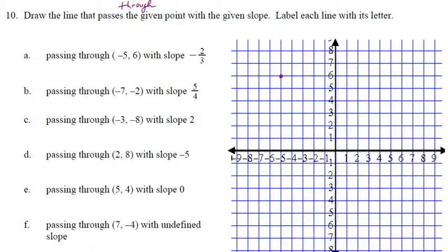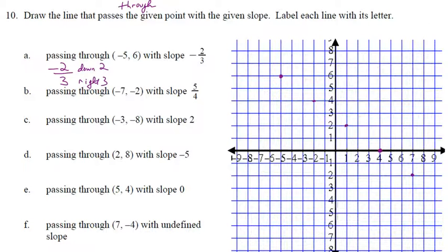I think of it as negative 2 over 3, which says go down 2 and right 3. So I'm going to go down 2 and right 3, and repeat that until I run out of grid.